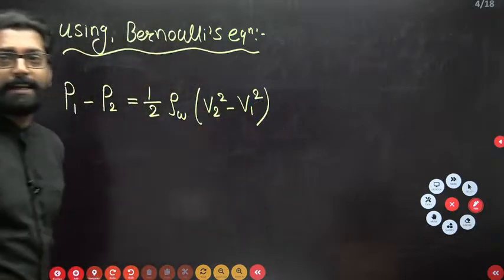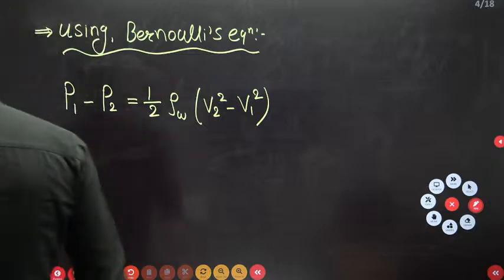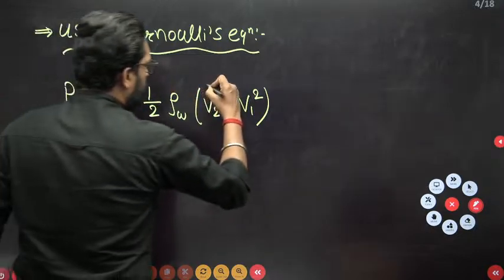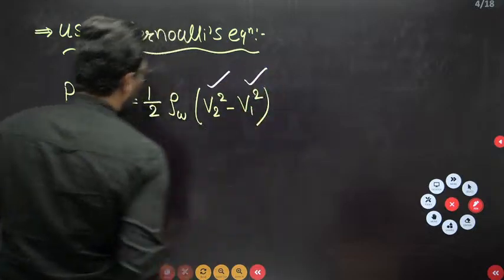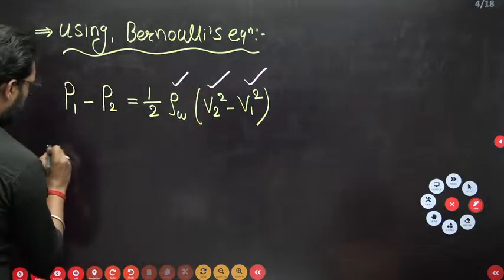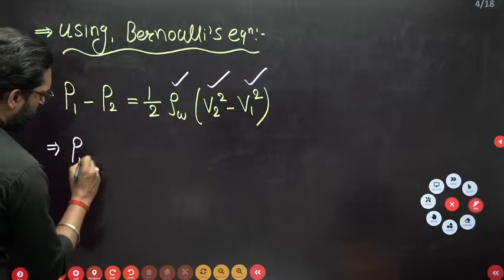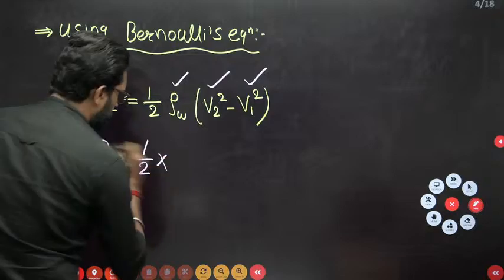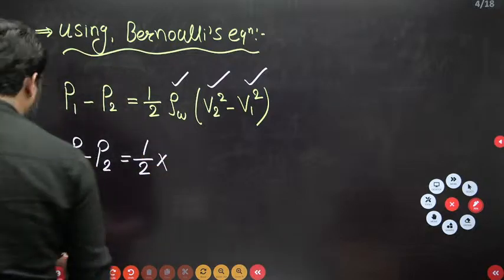Why? Because it is horizontal, there is no any pressure from height. So from here you can easily find P1 minus P2. Put all this value, no problem. Density of water, it is given how much? 998.